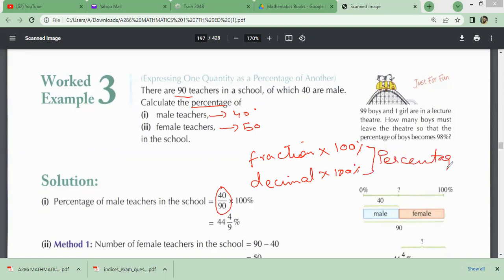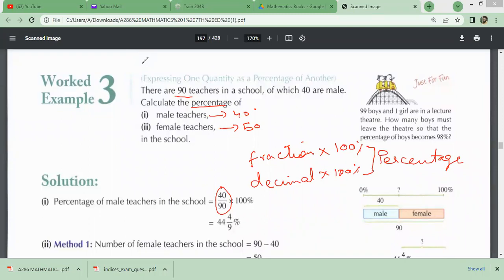So this is how we will do it. 40 divided by 90 multiplied by 100, so we got 44 whole 4 upon 9%. Okay, next part.